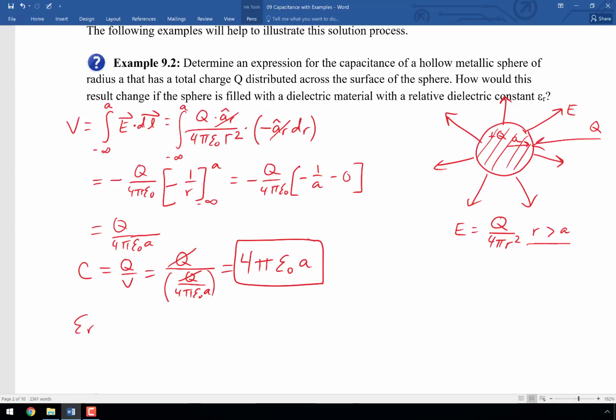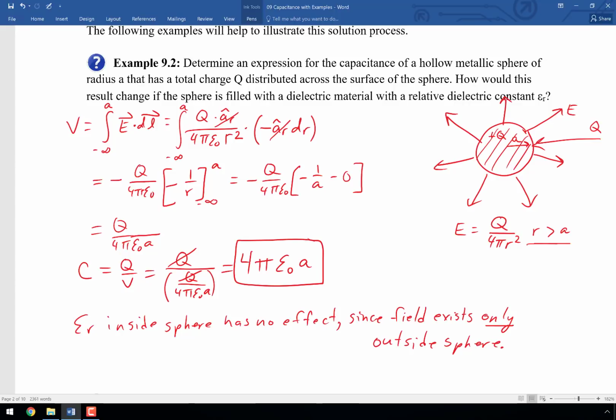So epsilon r inside the sphere has no effect. And the reason for that is because the field exists only outside the sphere.